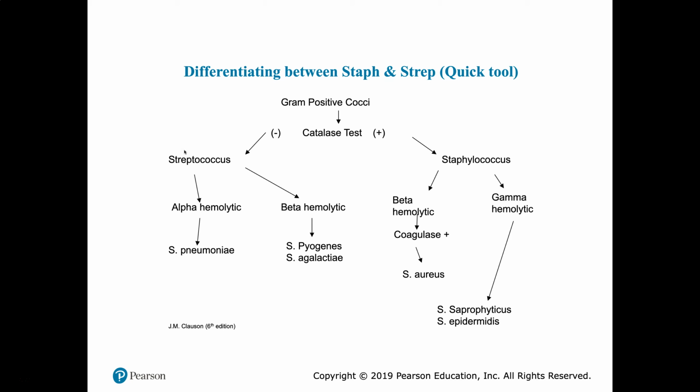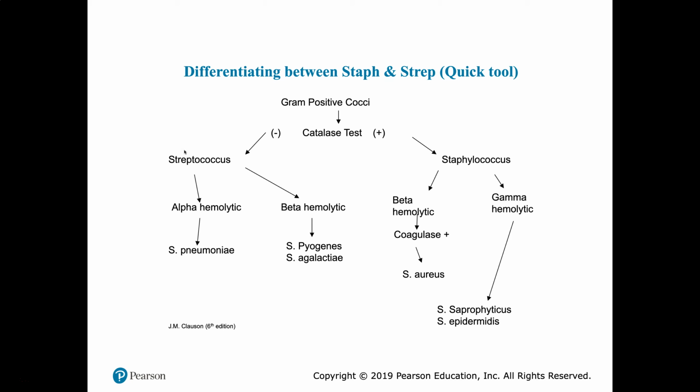But in a very fast manner, you can determine whether or not you have staph or strep just by running the catalase test. Because staphylococci are catalase positive, which would mean they would produce bubbles, they would break down hydrogen peroxide. And streptococci are catalase negative, meaning they don't have the ability to break down hydrogen peroxide.